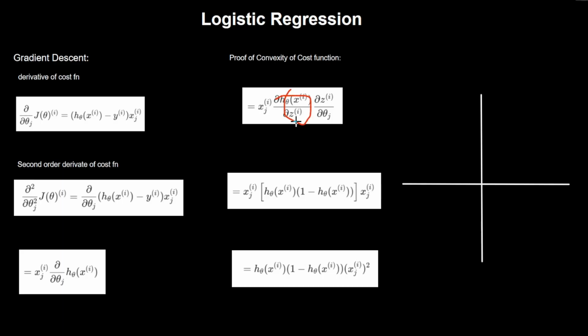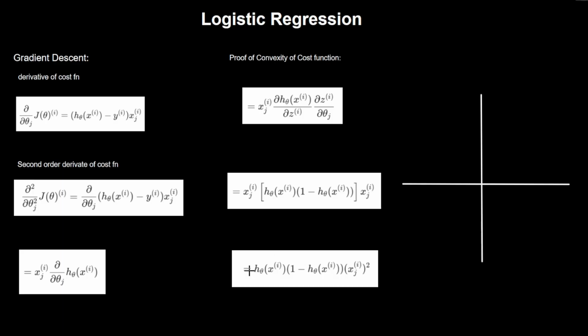This is nothing but the sigmoid derivative which we did before, which is the function itself multiplied by 1 minus the function, and this one we also saw before, which is the linear combination. Because we are looking at the single term, we will have only x there, and the rest of the terms are constant. So here we have x_j and x_j, we square them both and keep it here, and this is the final equation. This is the second order derivative.